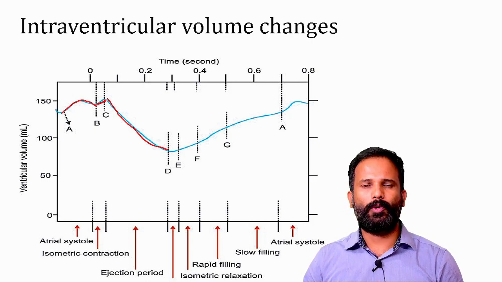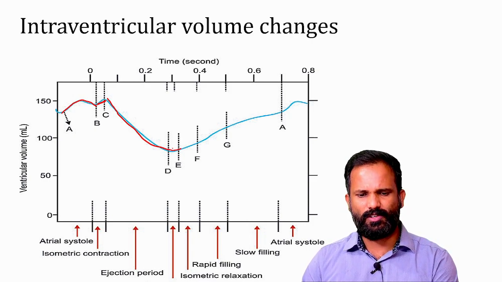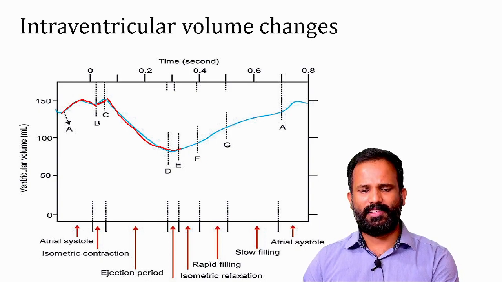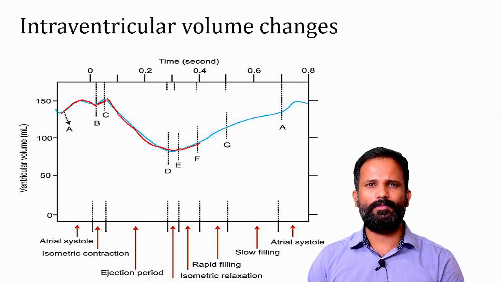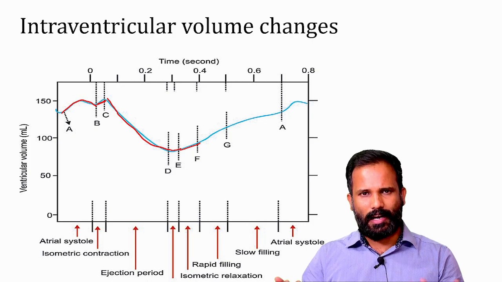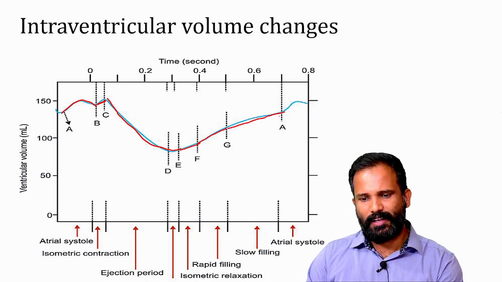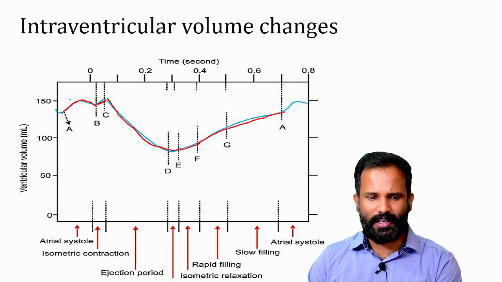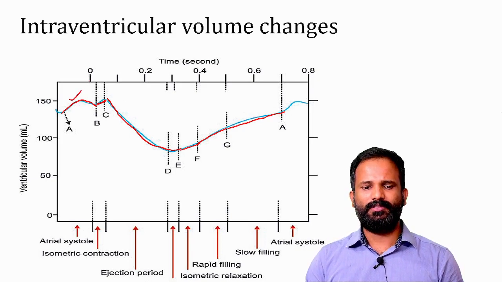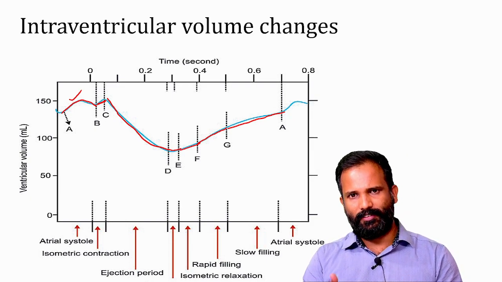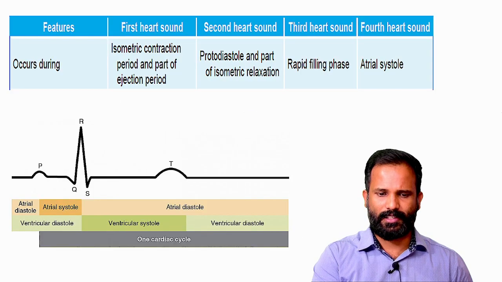Then protodiastole: nothing much change in the volume. Then isometric relaxation: almost similar, no much change in the volume. Then rapid filling: now the volume increases. Slow filling, and again the last rapid filling, which is the atrial systole. So these are the phases that occur during the intraventricular volume changes during the cardiac cycle.